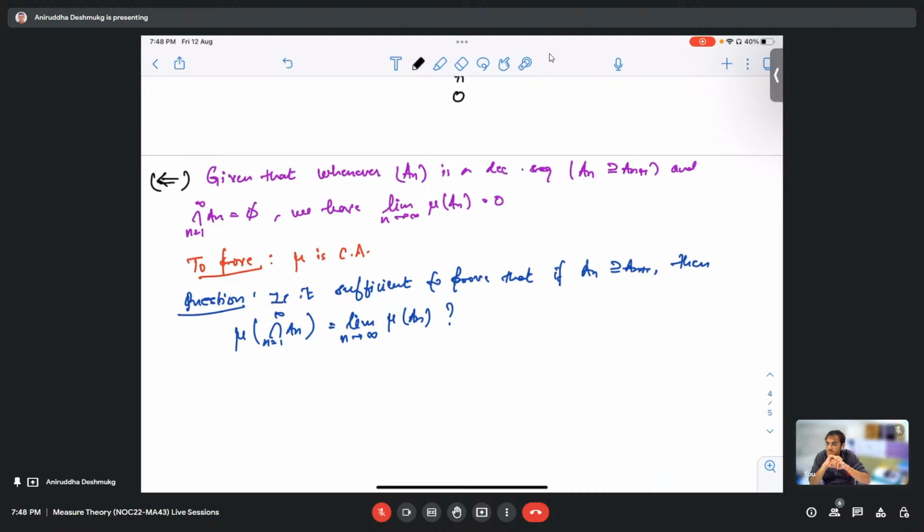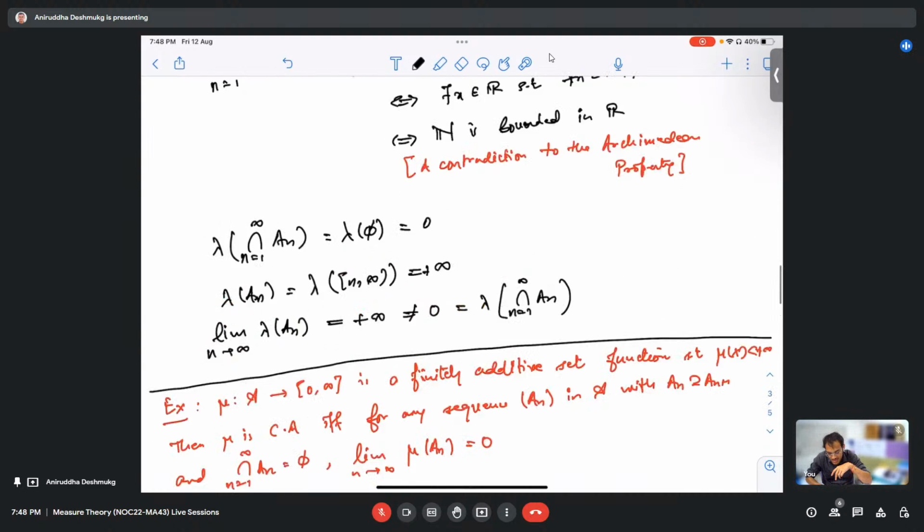So we have to prove countably additive, and in countably additive, the countable union should be of pairwise disjoint sets. Right, that is the definition of countable additivity. But sir, we have seen this result, right?